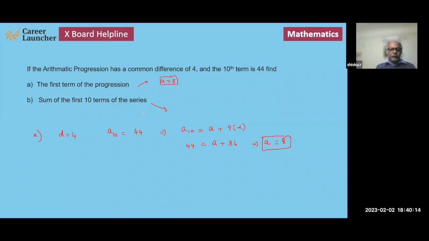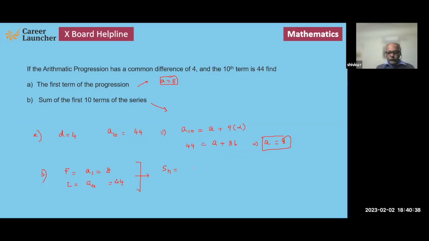What is the sum of the first 10 terms of the series? So we know that the first term, which is a1, is equal to 8. My last term of the series, which happens to be a10, we already know is 44. So if I want to find out the sum to n terms of the series, I can do it by two methods.